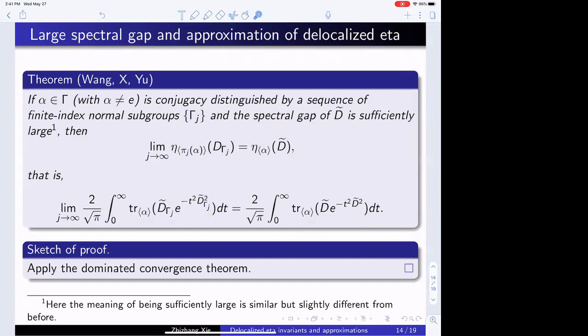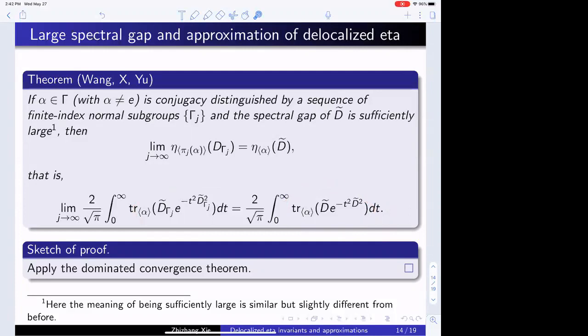The idea of the proof is that the sufficiently large spectral gap of D guarantees a dominating function for all these functions, for all j and for the limit function as well. Then you can just apply the dominated convergence theorem.